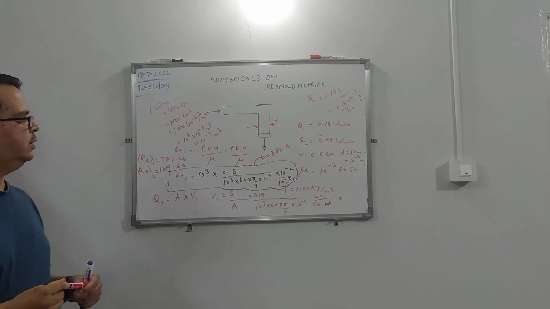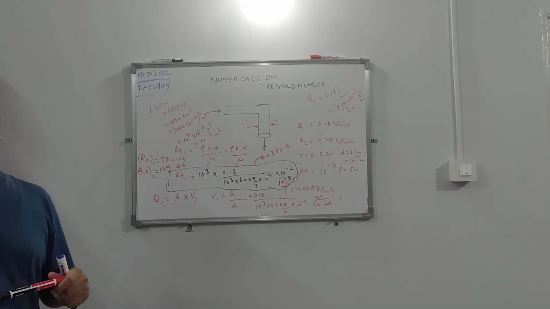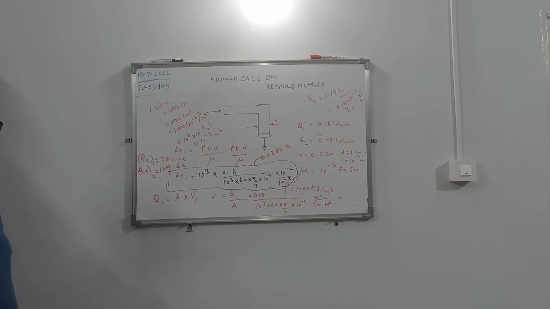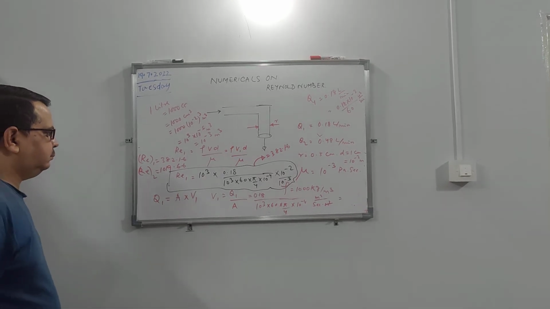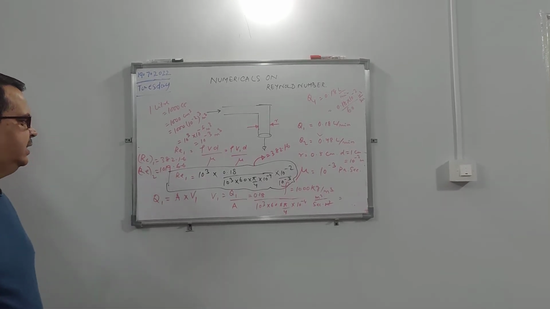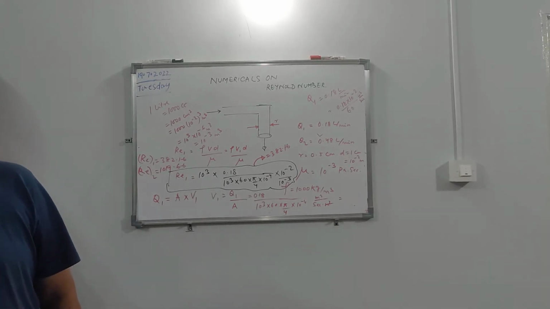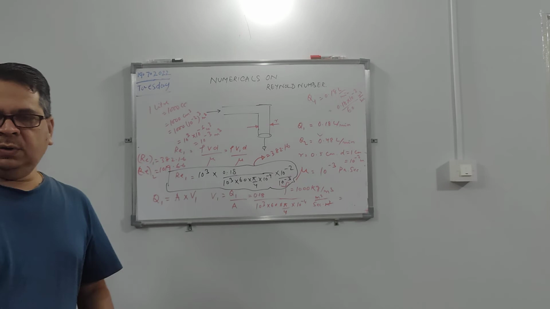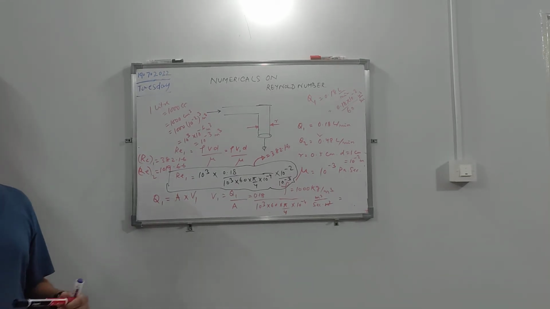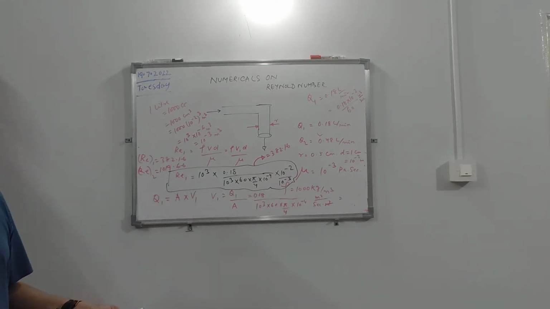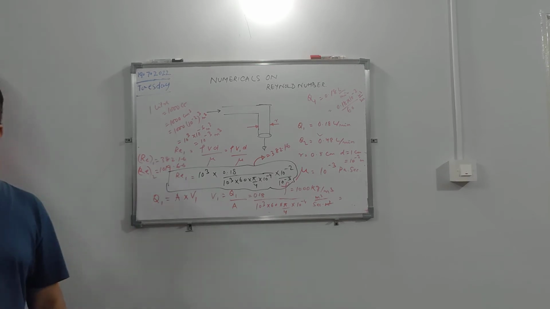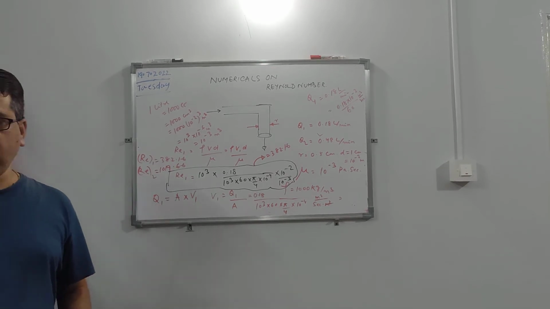Because of the increase in flow rate, your Reynolds number has increased from 382 to 1019. So earlier we have told that when it exceeds 1000, it has entered into the transition flow.